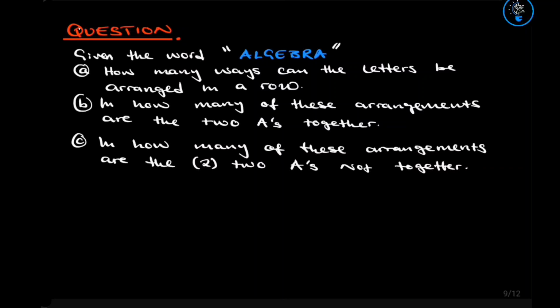Okay, so here's the question. Given the word algebra, how many ways can the letters be arranged in a row? That's part A. Then part B says, in how many of these arrangements are the 2 A's together?